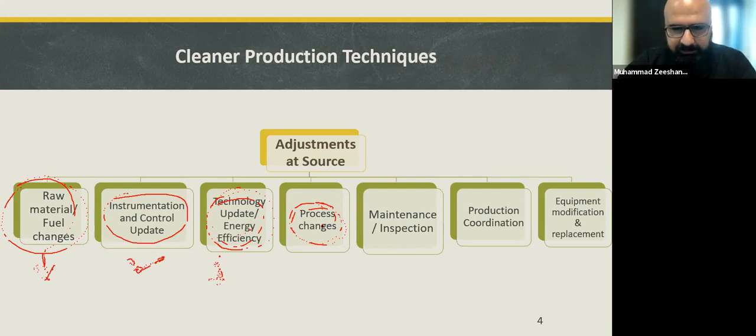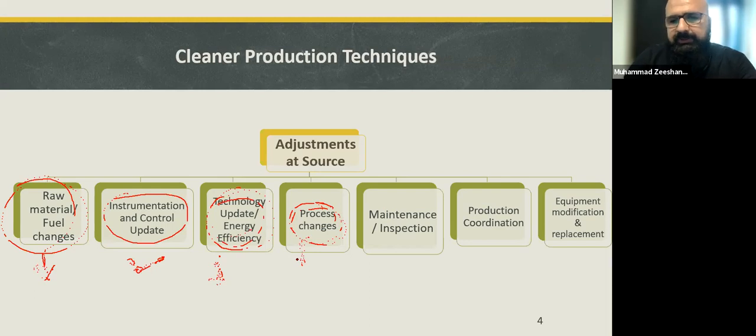Just take an example that we get a more sophisticated or more efficient catalyst, which can deliver the same chemical reaction at lower temperature and lower pressure. Lower temperature and pressure means you would be saving a lot of energy but achieving the same objective. So you're modifying your process in order to decrease fuel consumption, leading to fewer emissions.